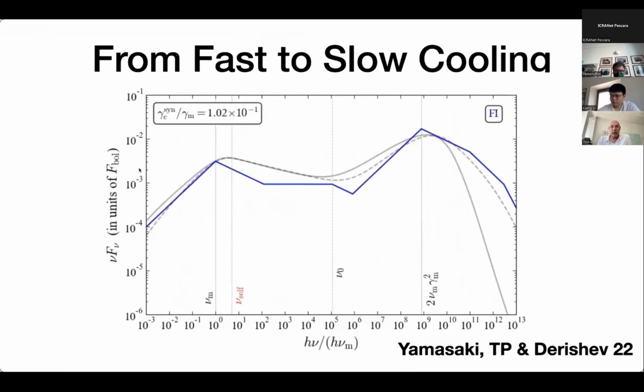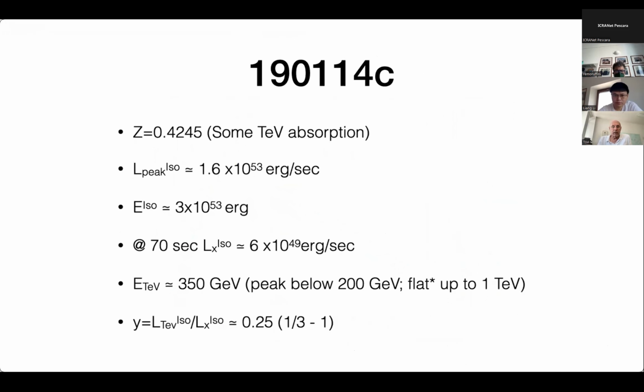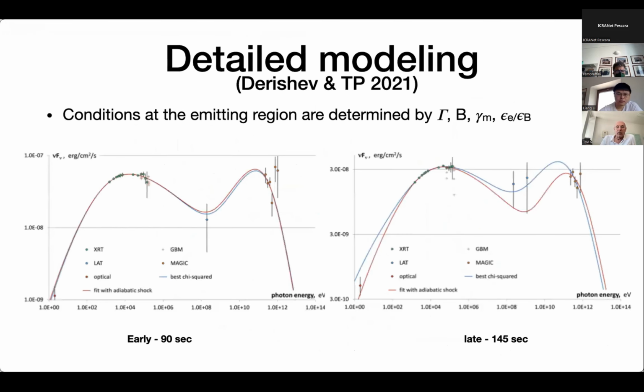I will just mention one last thing, that we got a very nice fit for the parameters of 190114C. You see this very nice fit for the early signal and for the late signal. And this is 90 seconds, this is 145 seconds. You see, this is the synchrotron peak, this is the synchrotron self-Compton, the inverse Compton peak.